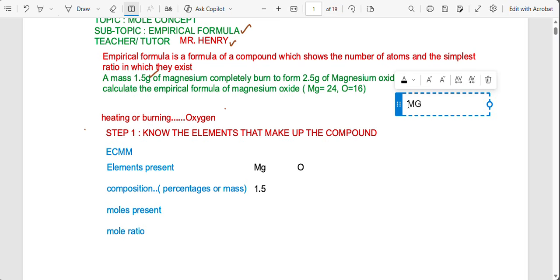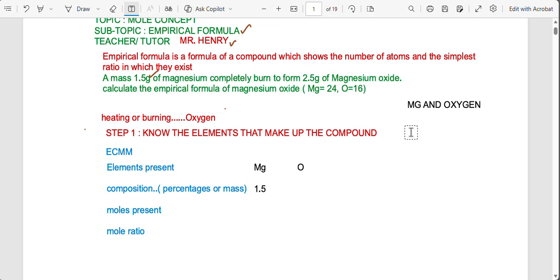Then you go to oxygen. Let's read the question and see: did they give us oxygen? Completely burned to form 2.5 grams of magnesium oxide. Magnesium oxide is a combination of magnesium and oxygen. Meaning, for us to get the remaining oxygen, we are going to say 2.5 minus 1.5.